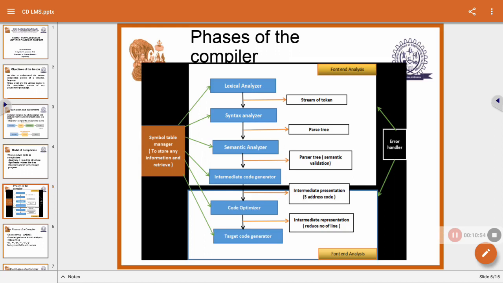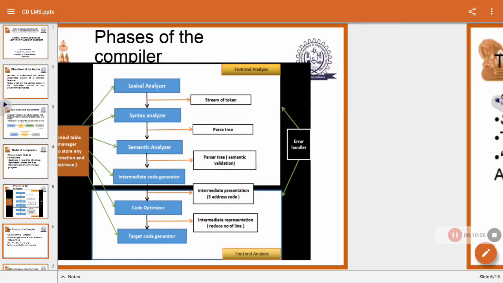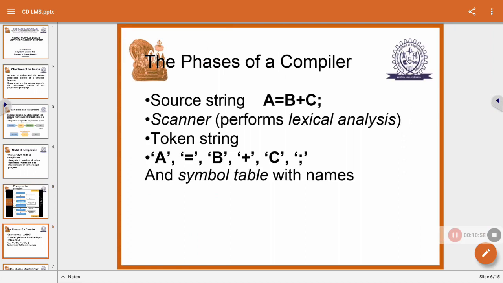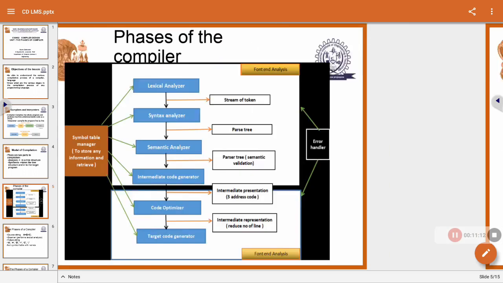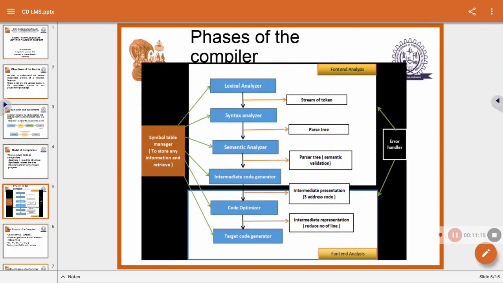A string such as this is the input in the C language. When we compute the addition operation, A equal to B plus C, everyone knows it very well. How are the operations performed? This is performed by the compiler. When A equal to B plus C is given as input to the lexical analyzer, it checks what the tokens are.